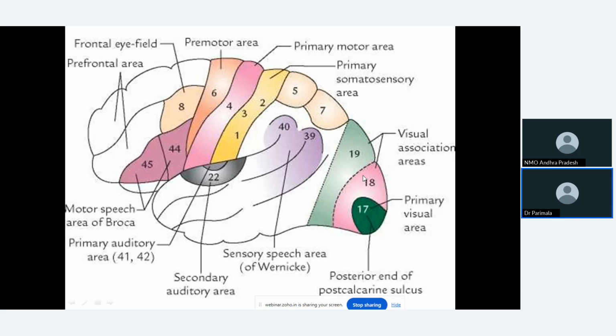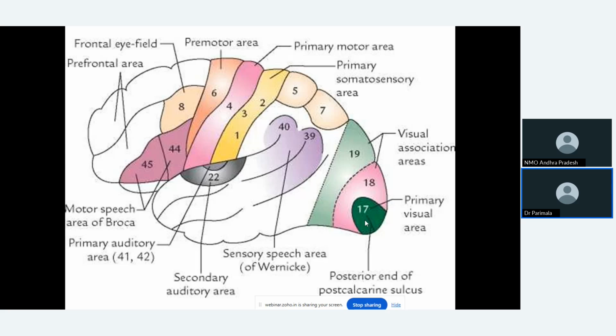Interpretation of the vision, understanding the vision, memorizing the vision, recollecting what you have seen, all these are functions of visual association areas, 18 and 19. 17 is just seeing, whether you are able to see or not. What you are seeing, what kind of object that is, memorizing the vision, understanding the vision is the function of visual association areas.